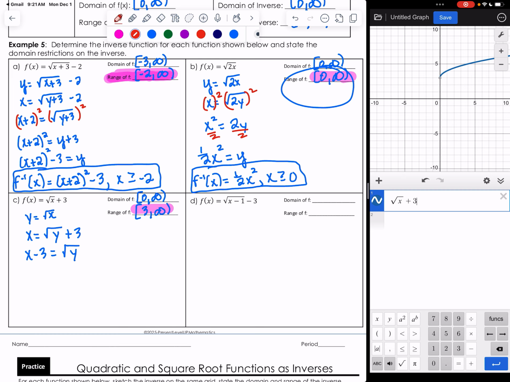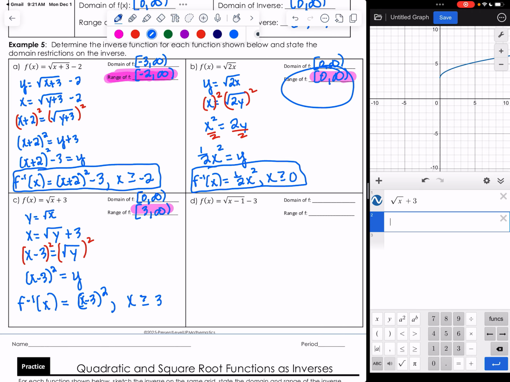Now square both sides. So we get x minus 3 quantity squared equals y. So f inverse of x equals x minus 3 quantity squared for x's greater than or equal to 3.